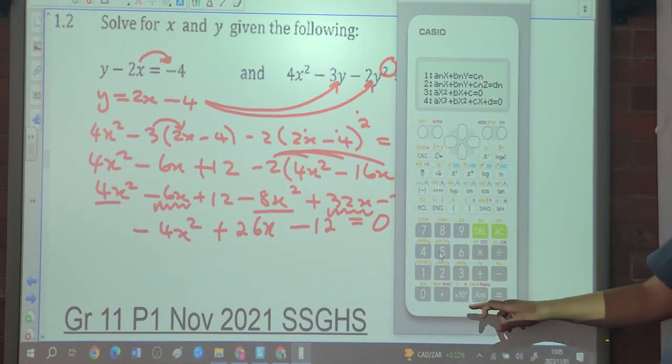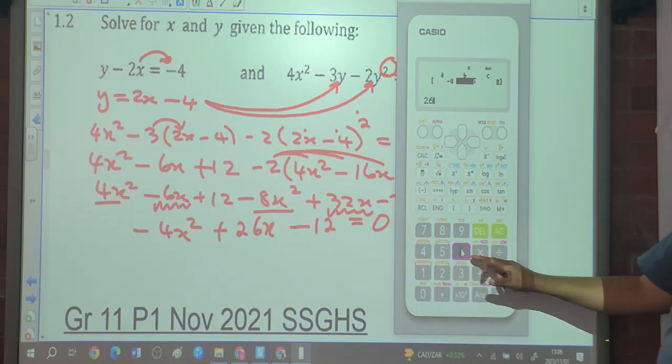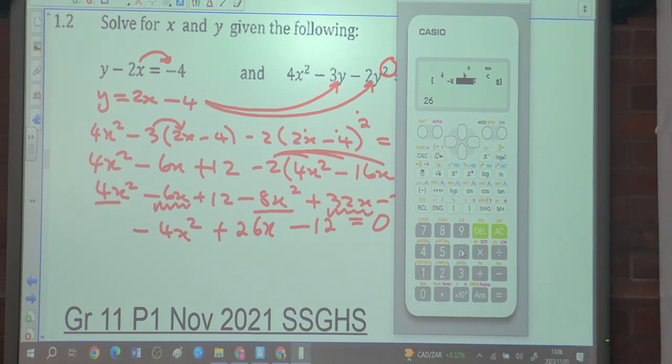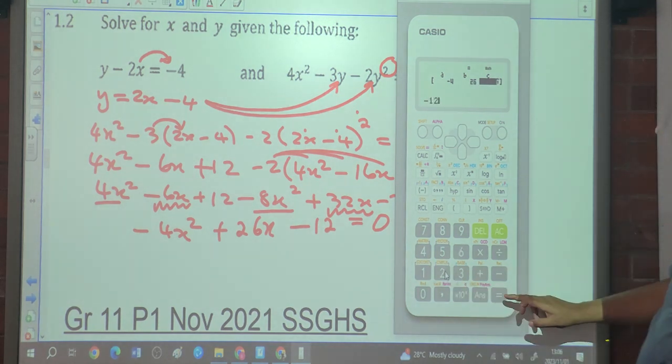If I use this calculator, as I enjoy using, you get 26, negative 12.